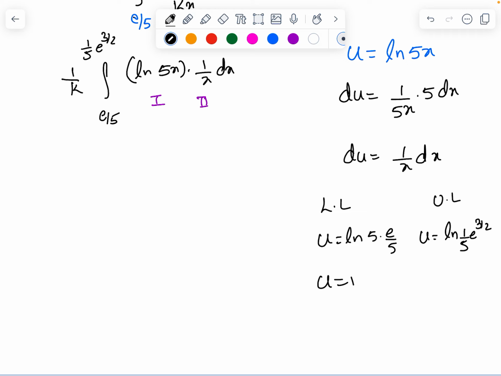So when I try to simplify that, I should be able to get the value of u.